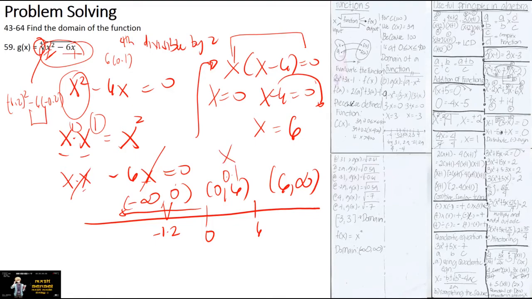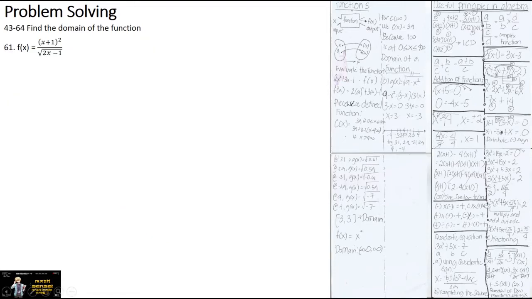6 to positive infinity. Let's try 6.2. So, 6.2 times 6. 38.44.